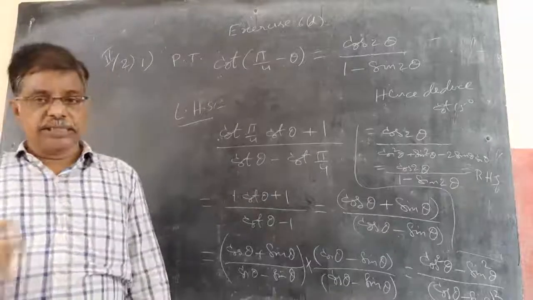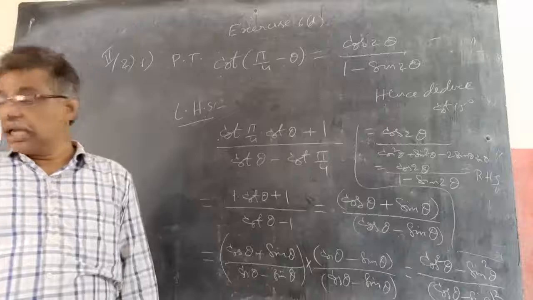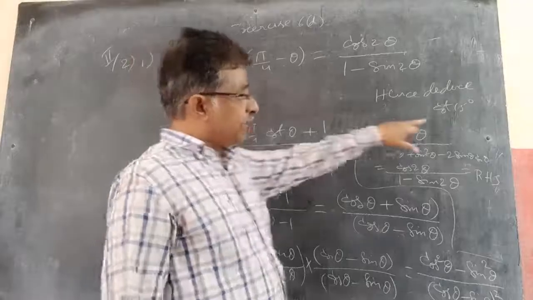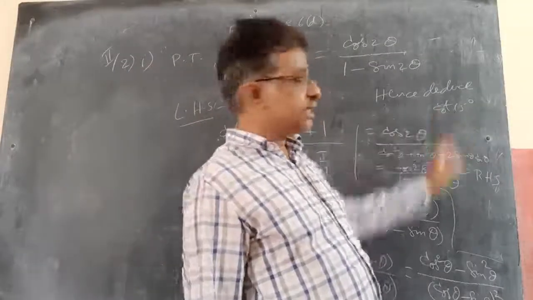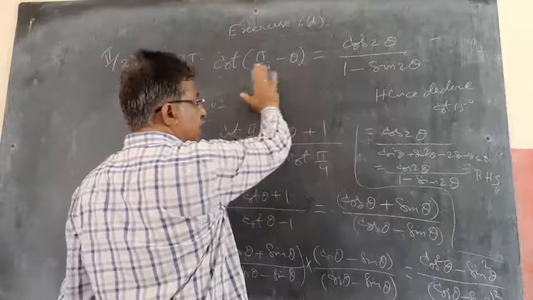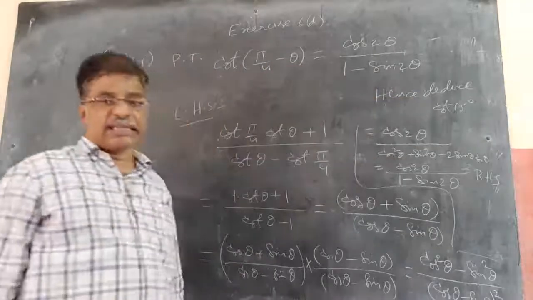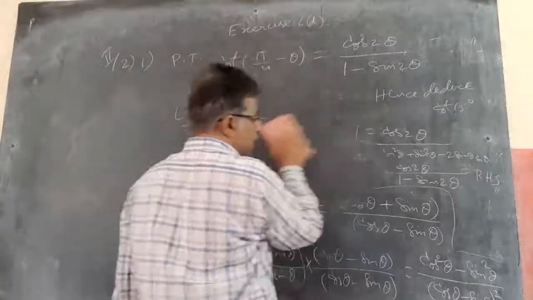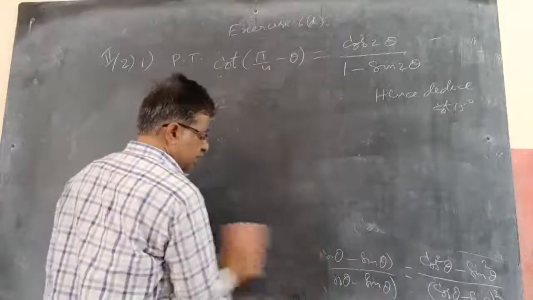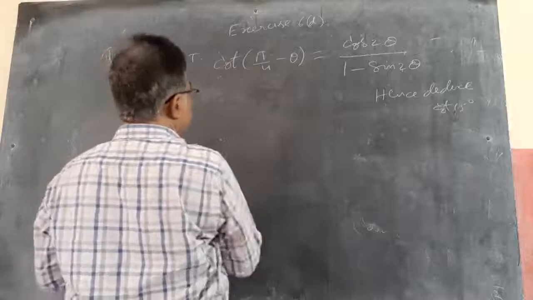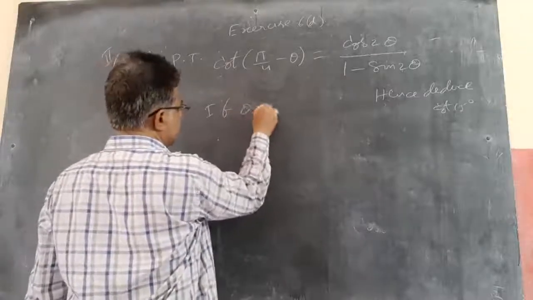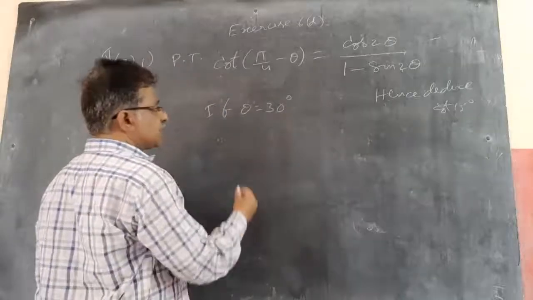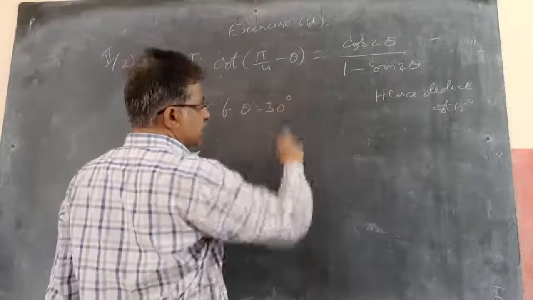Next, the "hence reduce" part. If theta is some other angle, we need 15 degrees, which is 45 minus 30, as we already discussed. If I substitute theta equal to 15 degrees, I will get 30 degrees, but I need 15 degrees.